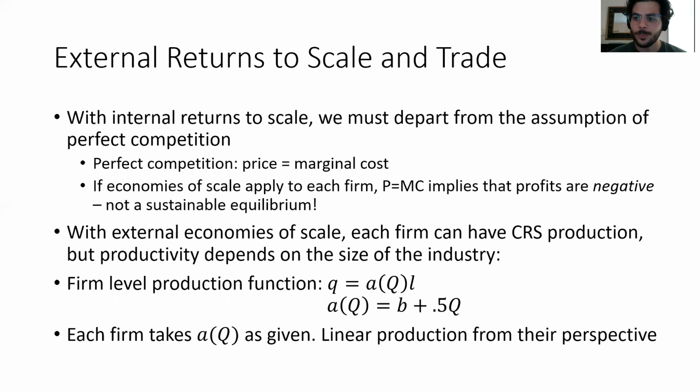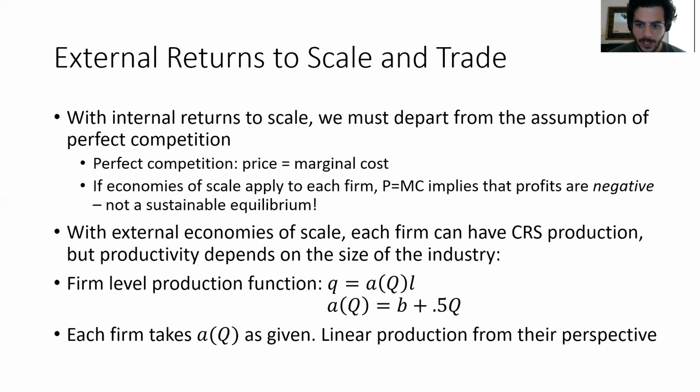Why? Because the marginal cost of the last good is going to be less than the marginal cost of all the previous goods, which means that it's lower than the average cost. So with internal economies of scale, marginal cost is always lower than average cost. And if we're pricing at marginal cost, that implies that profits are going to be negative. And that's not a sustainable equilibrium.